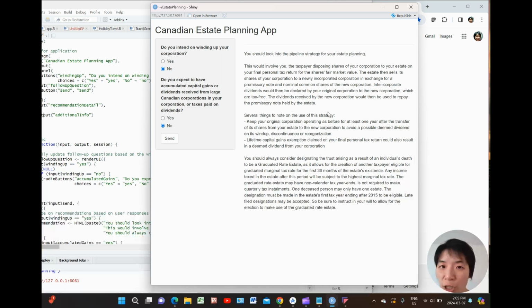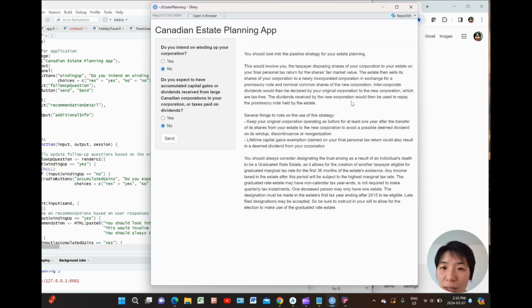So this is not shares, but a note saying you owe me. And nominal common shares of the new corporation. Intercorporate dividends would then be declared by your original corporation to the new corporation, which are tax-free, and the dividends received by the new corporation would then be used to repay the promissory note held by the estate.